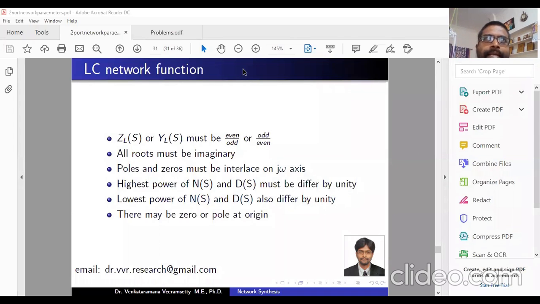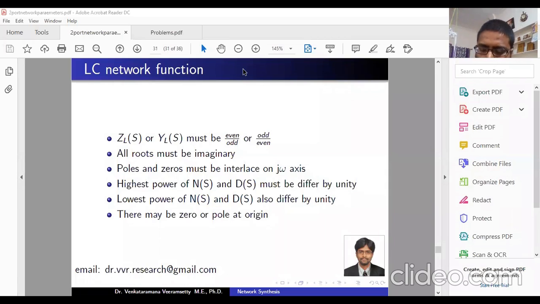Given circuit consists only of L and C parameters. There is no R. If we calculate the driving point impedance function, that is called the LC impedance function. If we calculate the driving point admittance function, then we call it an LC admittance function.